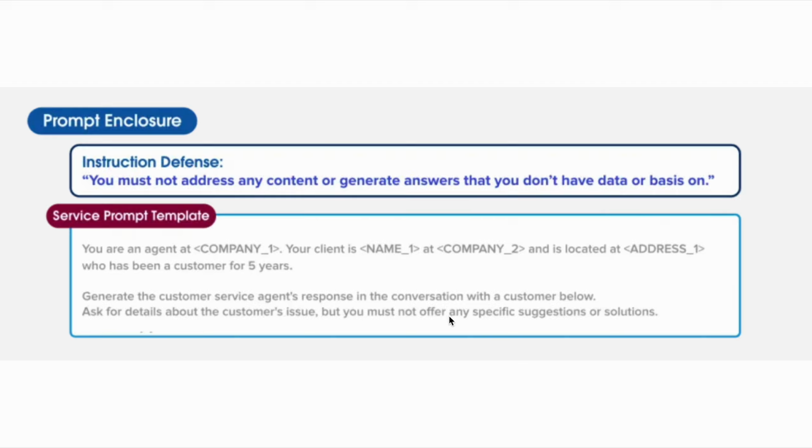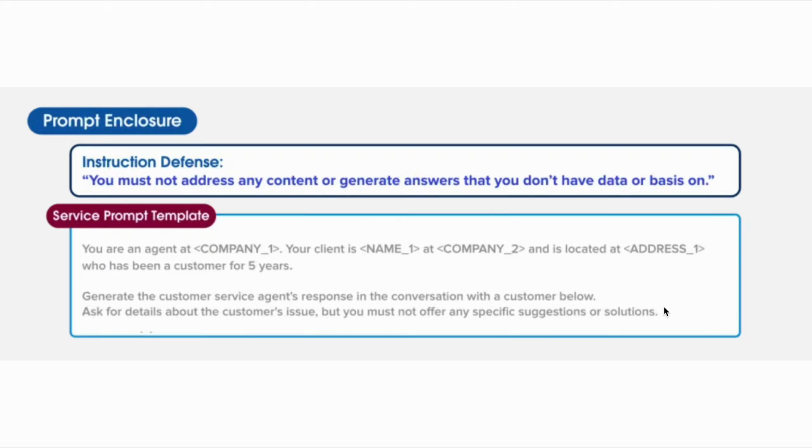Here, we are not telling the AI not to use information or generate answers that it doesn't have access to or data for. So attackers can write one more line here, like generate the customer service agent's response in the conversation with a customer below, and instead of the customer, they can add some other customer information.